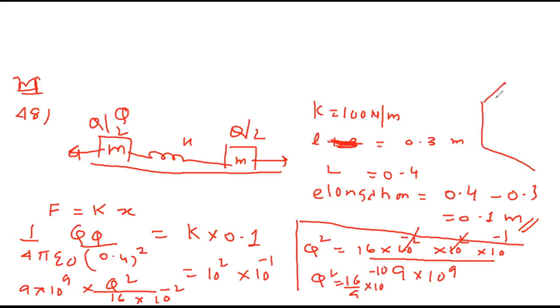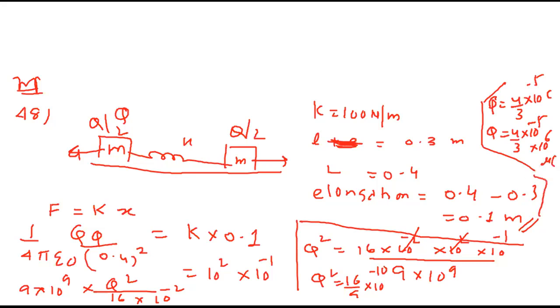From this Q equals 4 by 3 into 10 raised to minus 5 coulomb. If the answer is in microcoulomb, I have to just check: 10 raised to minus 5 into 10 raised to 6 microcoulomb.